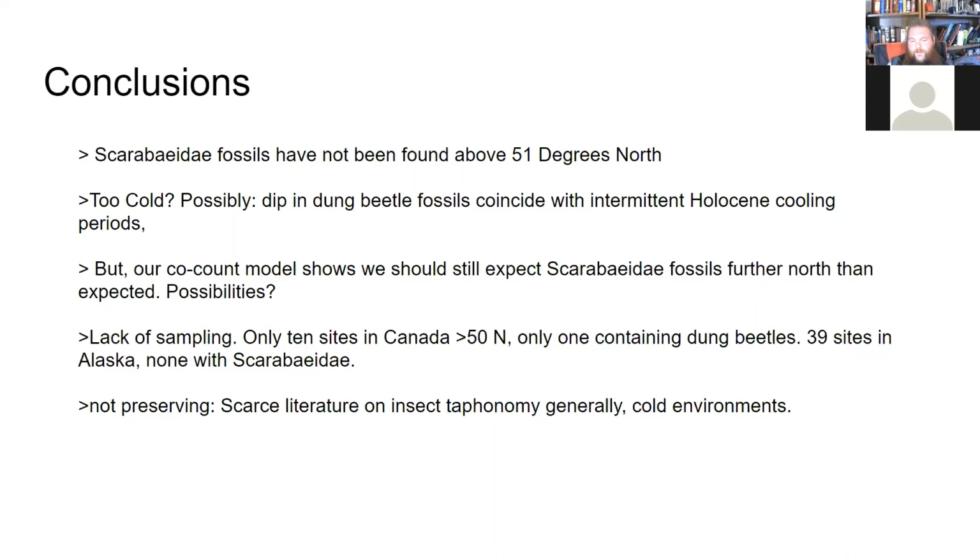And only one of those contained a dung beetle fossil, and that was that one at 51. So there's definitely the possibility that we might find some more scarab fossils that far north if we sampled that far north. Of course, it's cold and expensive, so that makes sense as to why there wouldn't necessarily be that much sampling. And the other issue, of course, is that we don't really know very much about taphonomy. It is the scientific study of how organisms die and decay and get buried and get preserved.